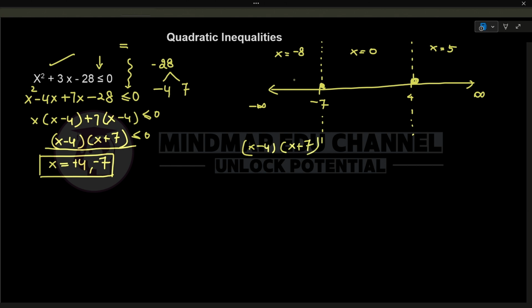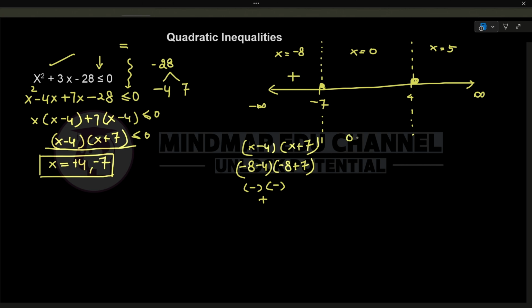Let's first plug in minus 8: minus 8 minus 4 and minus 8 plus 7. Now here we just want to know whether the result is positive or negative. So from here you will get a negative answer. Here also negative. So negative times negative, you will get a positive answer. So we'll mark it here as positive.